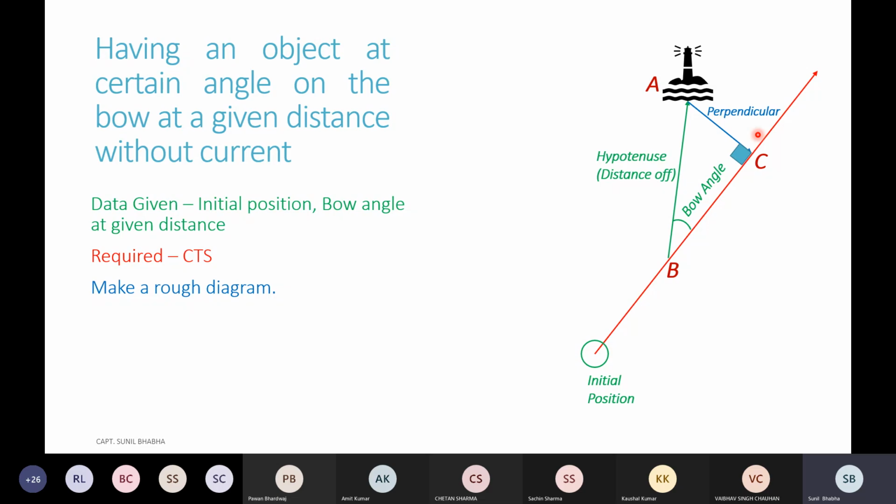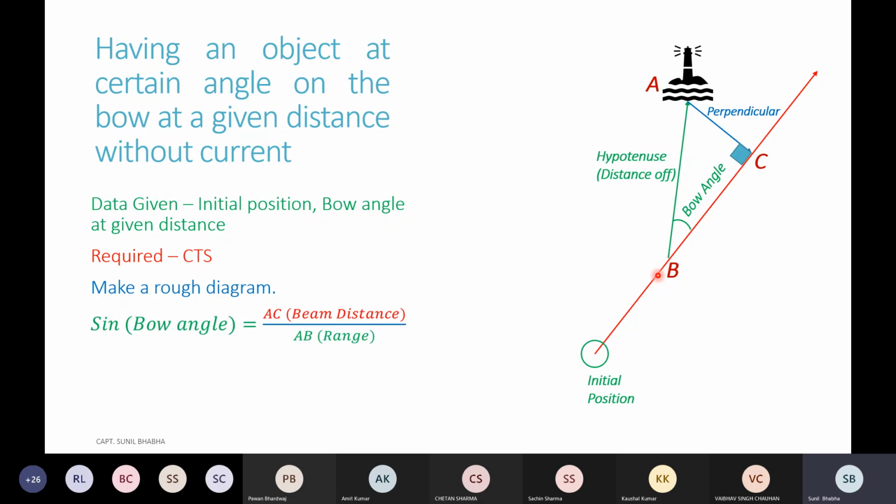Now we know in a right angle triangle, sine of any angle or sine theta is equal to perpendicular upon hypotenuse. So in this particular case, triangle ABC, we have the sine of bow angle equal to perpendicular, which is AC, Alpha Charlie, divided by hypotenuse, which is AB, Alpha Bravo.